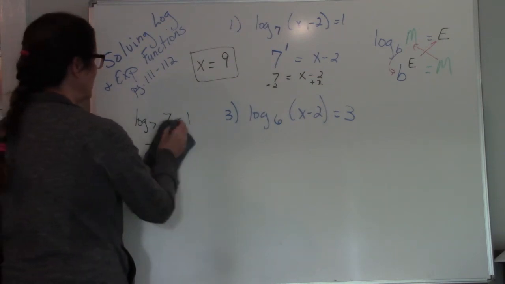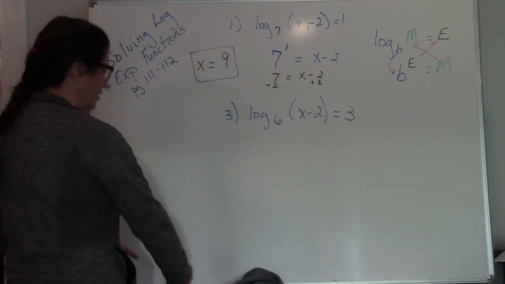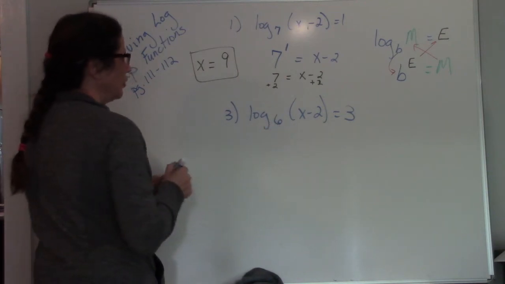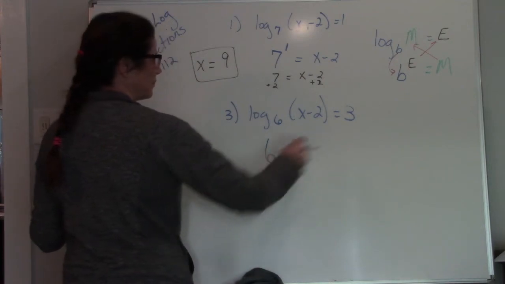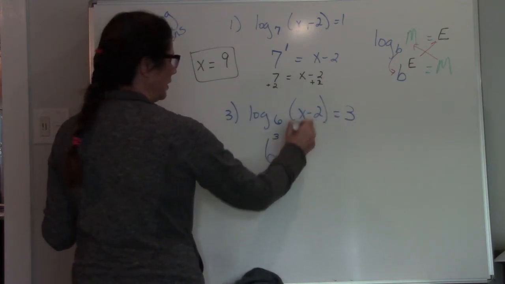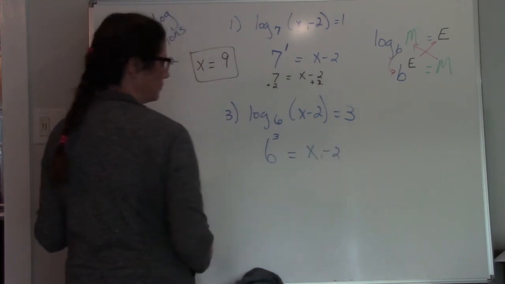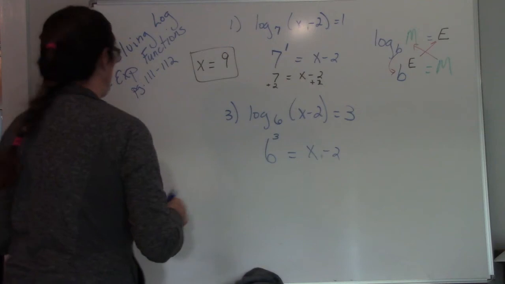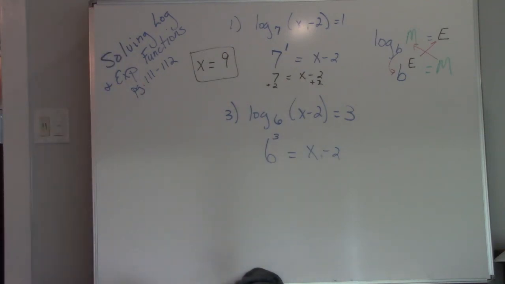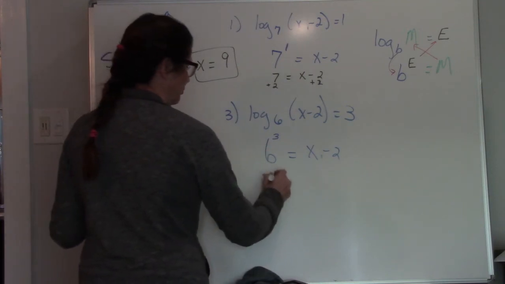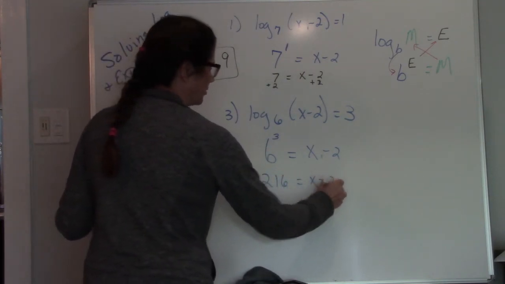All right, so you can always double check your answers. Let's try the next one. Now we have log base 6. So 6 is my base, 3 is the exponent, equals the total of x minus 2. So 6 to the third power is, I believe, 216. Let me grab my calculator. 6 raised to the third power is 216. Good guess. So 216 equals x minus 2.